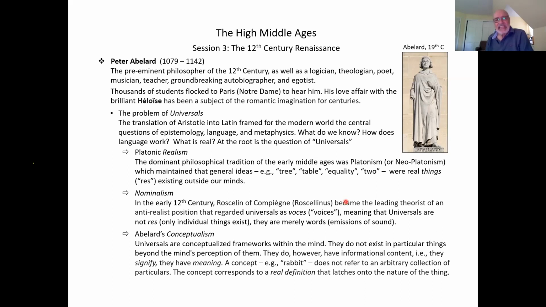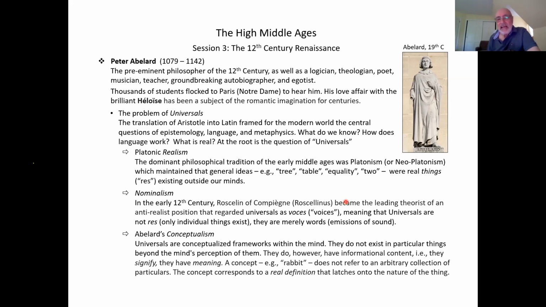And the issue is basically, well, let me read into it as we're going here. The translation of Aristotle into Latin framed for the modern world the central questions of epistemology, language, and metaphysics. What do we know? How does language work? What is real? And at the root of all those questions is the question of universals.